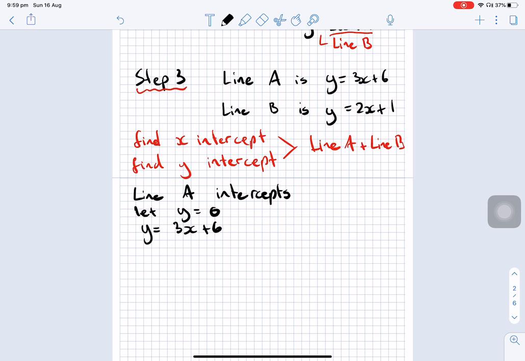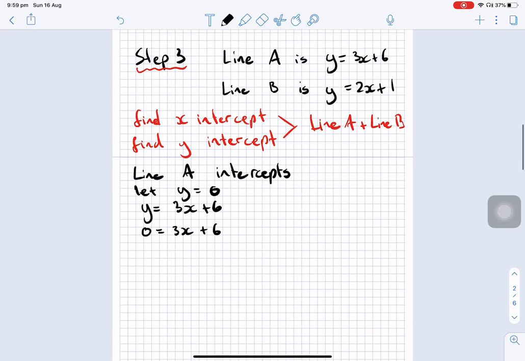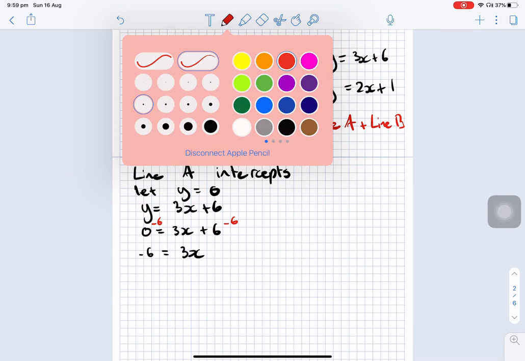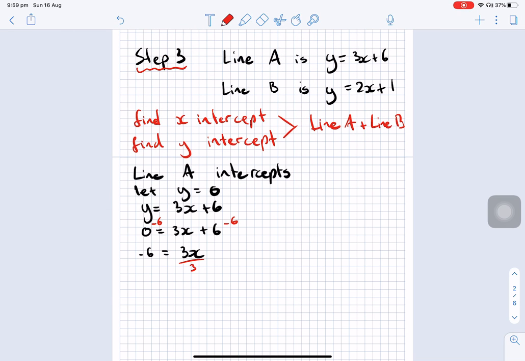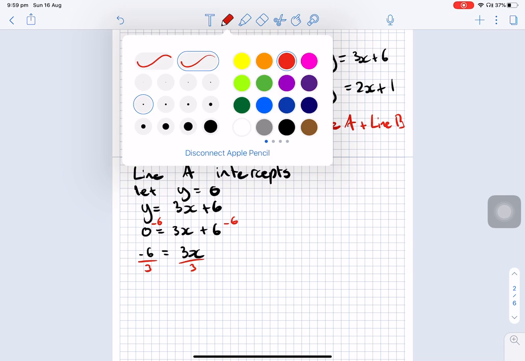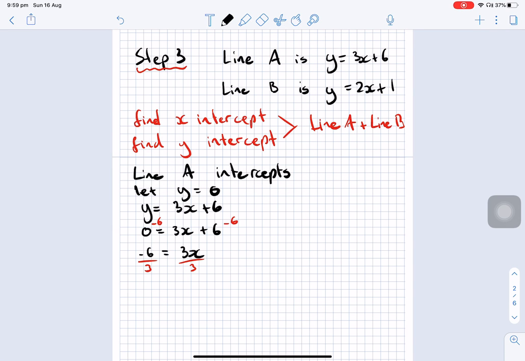We're going to let y equal 0, so 0 equals 3x plus 6. Take 6 from both sides. That's going to give us negative 6 equals 3x. And then we'll divide both sides by 3, and that will give us negative 2 equals x.